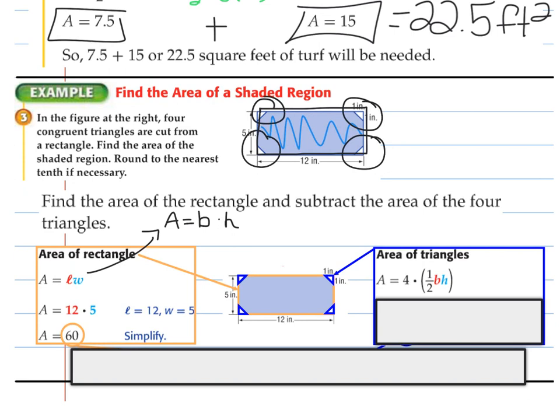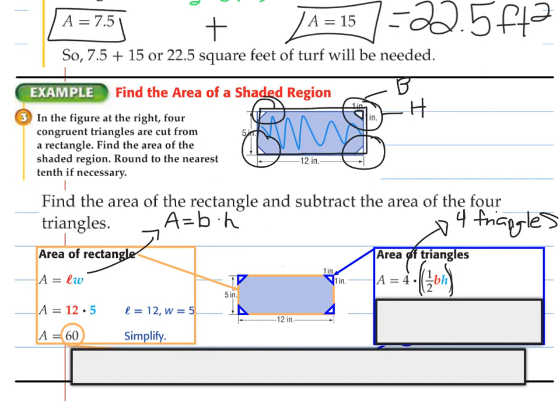So in order to do that, we are going to find the area of the triangle using 1/2 base times height and multiply it by 4 because there are 4 triangles that we have to subtract away. So plugging in what we know, looking up here, we can see this triangle, the base is 1 inch and the height is 1 inch.